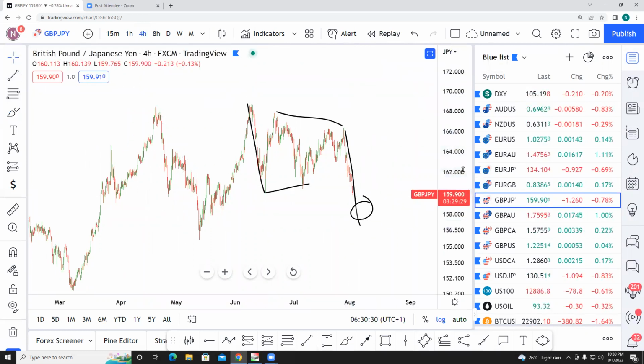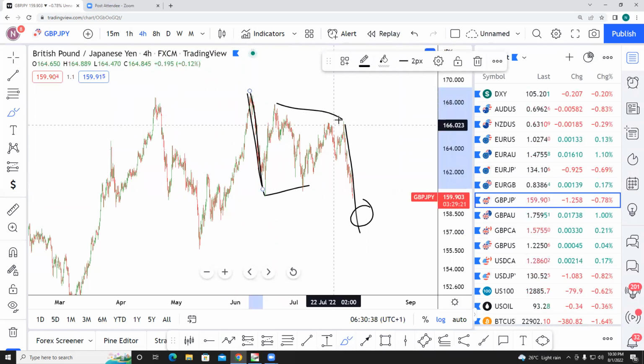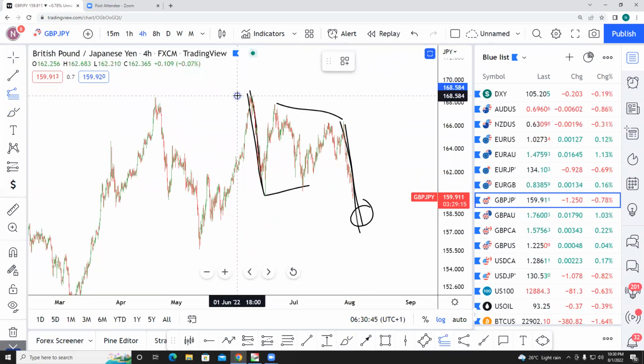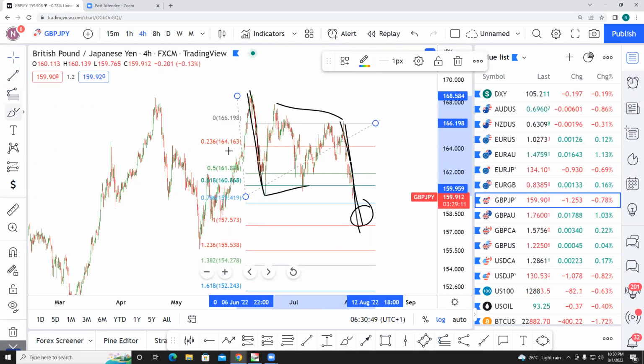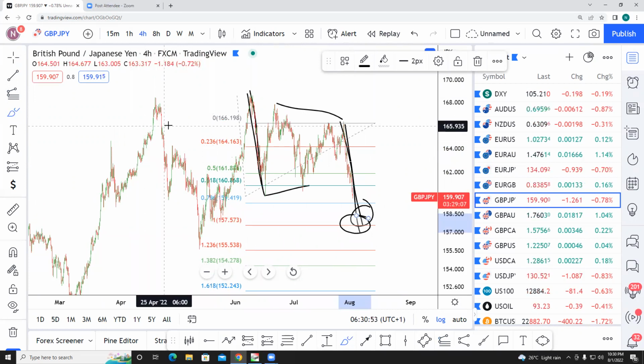The reason is because you have this leg here, and we want it to be equal to this leg here. If you pick a trend-based fib extension, drop it here, take it back here, you see it's exactly at equal leg at this level. So we expect GBP JPY to come as low as 157.50.